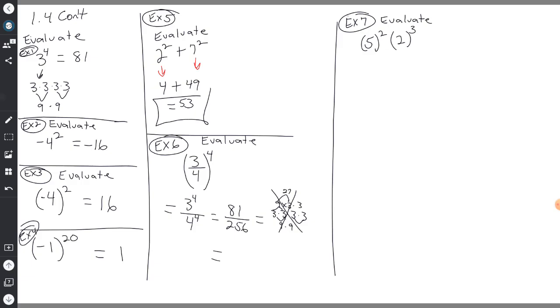Now you would evaluate them individually at first, and then take the product. 25, right? And then 8. And that's going to give us.